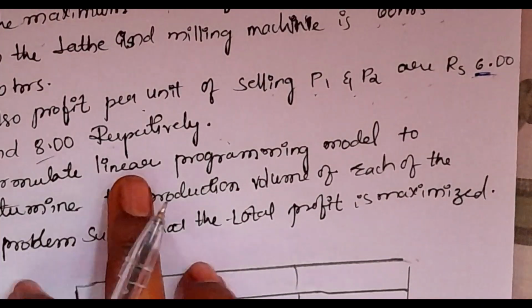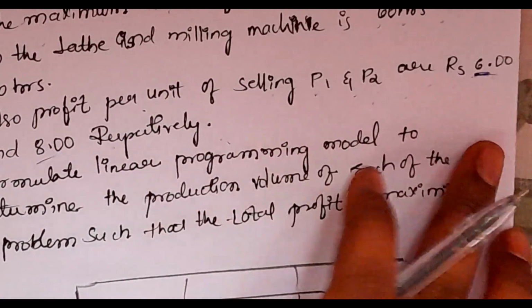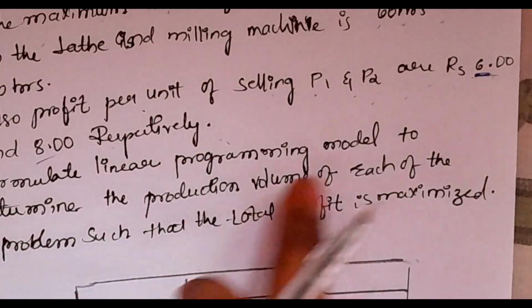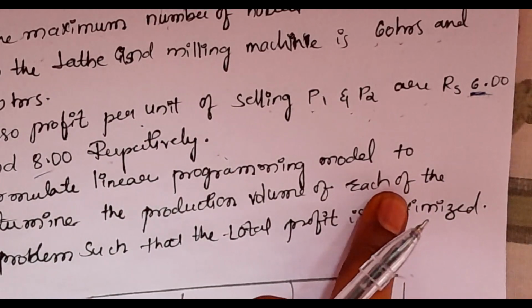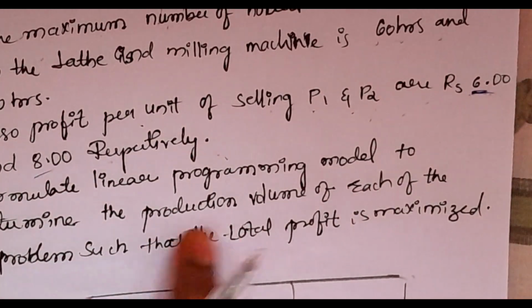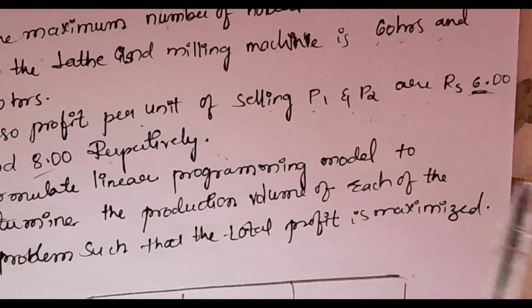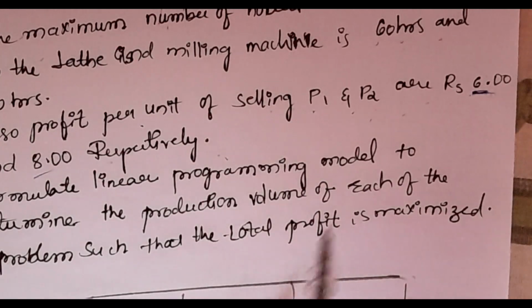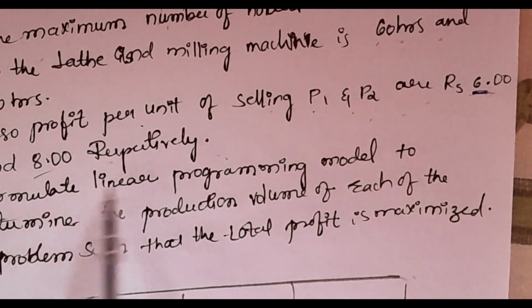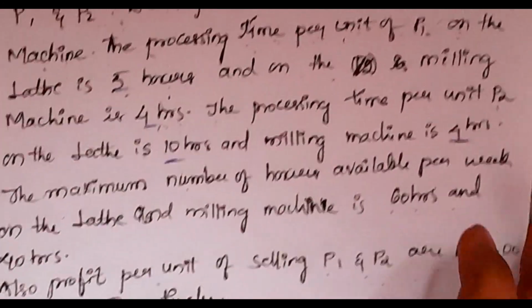So here we have to formulate the linear programming problem to determine the production volume of each of the products, such that the total profit is maximized. Here we have to formulate a linear programming problem based on the given question.